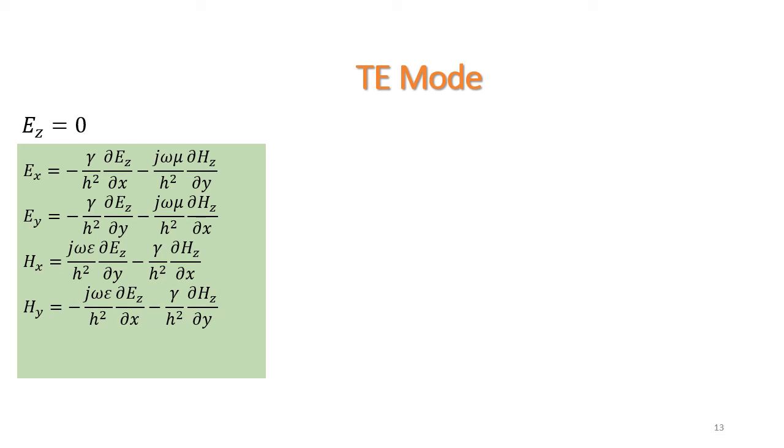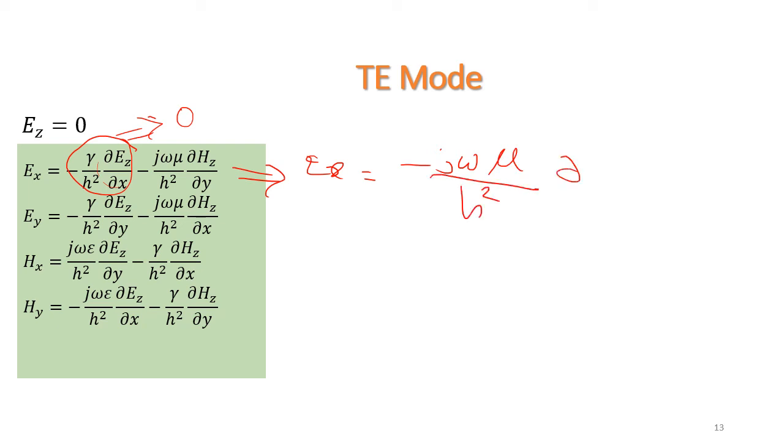If you put Ez equals 0 in the equation, the first term becomes 0. So Ex is only minus j omega mu upon h square into d bar Hz upon d bar y. So that will be the Ex.